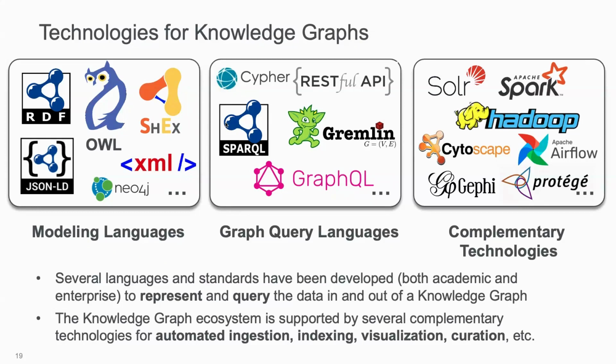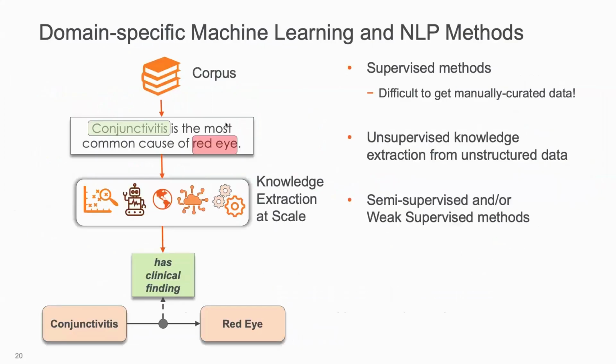You've got visualization software like Cytoscape and Gephi, curation interfaces like Protege, indexing pipelines like Solr, ingestion pipelines like Airflow, and so forth. And similarly, there are a lot of machine learning and NLP methods available to extract knowledge that is in a human readable form in unstructured data and make it available in your knowledge graph.